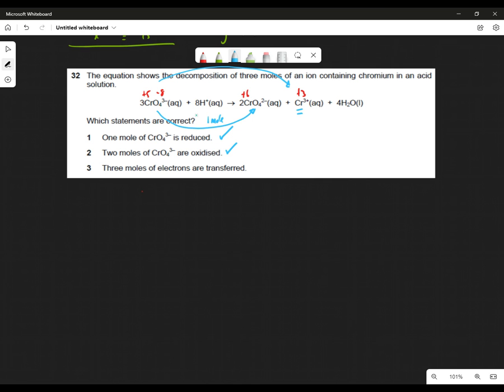But two of them were oxidized, so this is 1 mole times 2. 1 mole was reduced, but that went from +5 to +3, so that involves 2 moles of electrons, because it was a change of 2 oxidation points. So that's 2 moles. So 3 moles of electrons are transferred? That's not true. There's 4 moles that were transferred.